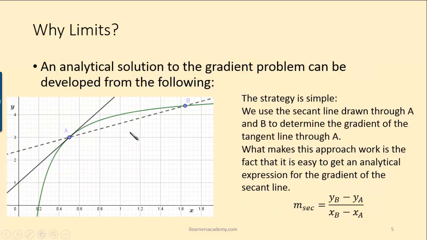How we do this is to, instead of finding directly the gradient of this tangent line, we draw a secant line. So a secant line cuts through 2 points on our graph. The advantage of this secant line is that it is now easier to get an expression for the gradient of this secant line. So the secant line is our dotted line here. However, we don't want to actually go and get the actual value from a graph or anything like that.